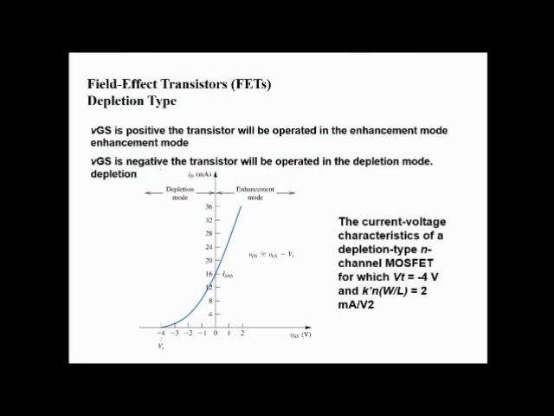Now VGS is positive for the transistor to be operated in the enhancement mode, and VGS is negative for the transistor to be operated in the depletion mode. So you need to remember these 2 points. For FET to operate in the enhancement mode, we should apply positive VGS or positive gate potential, but in order to operate the transistor in depletion mode, we need to apply negative VGS or negative gate potential.